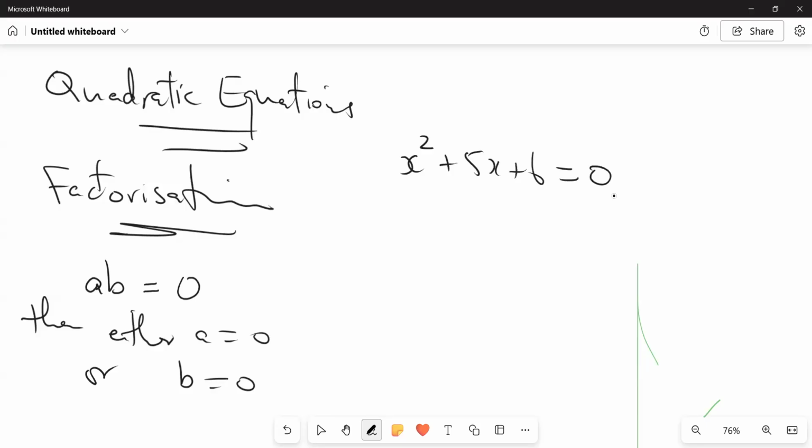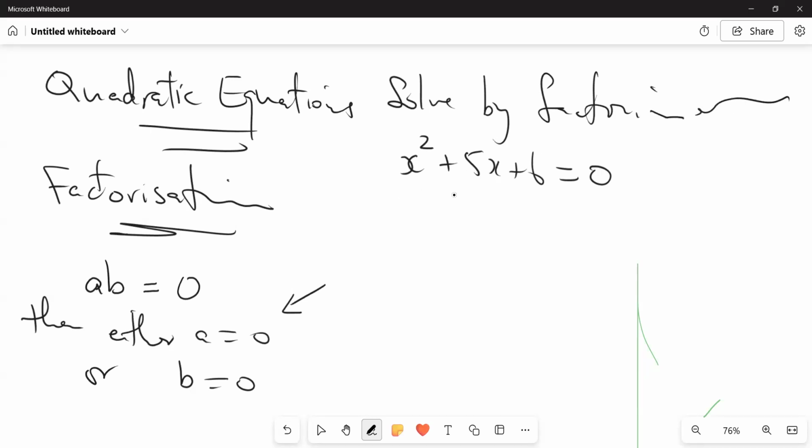It must be equal to 0 for this whole thing to work. Let's say you have to solve by factorization. I'm going to skip over the steps now. This would factorize to give you x plus 2 times x plus 3 equals 0.